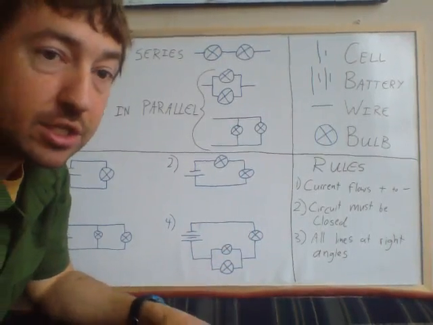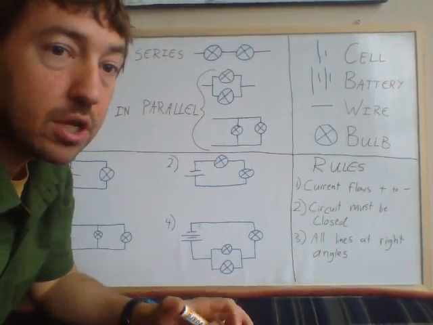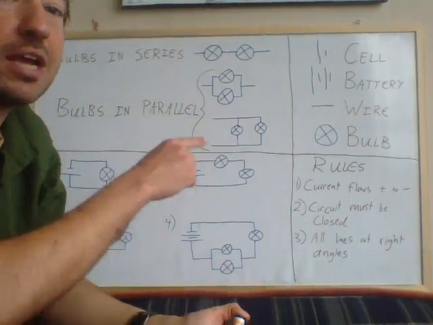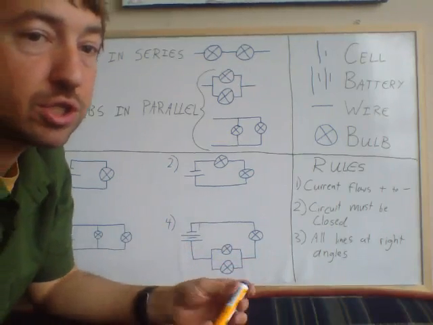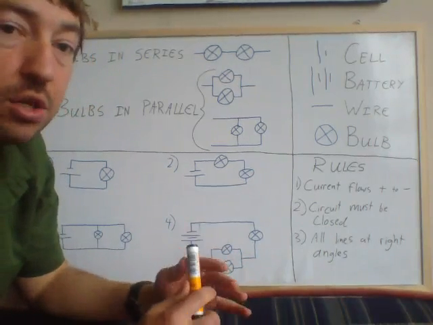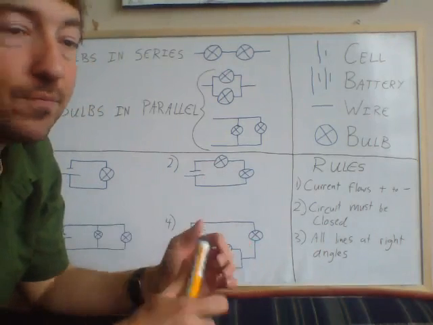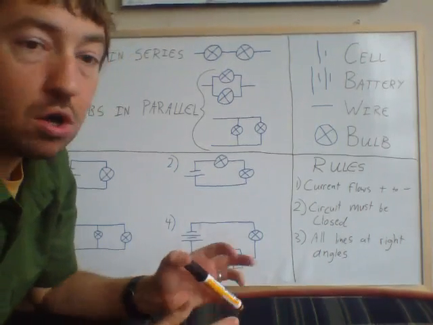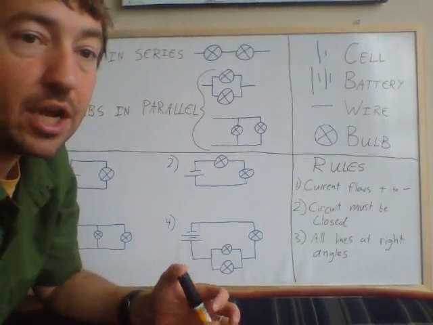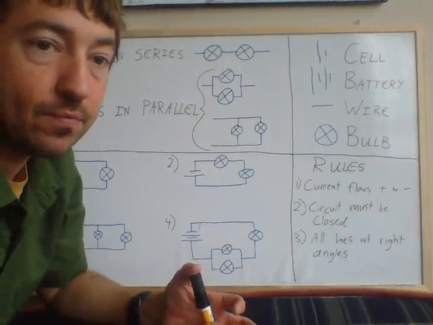All of our circuits must be closed. Electricity has to make a complete loop, or you don't have a closed circuit. If it's not closed, it's open, and electricity doesn't flow. And then all of the lines need to be at right angles.